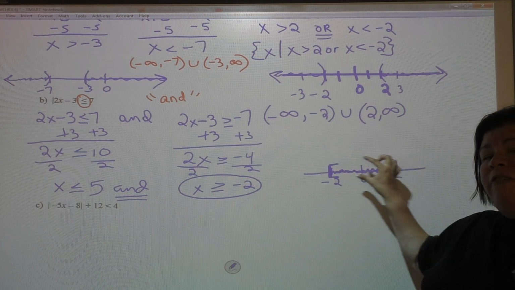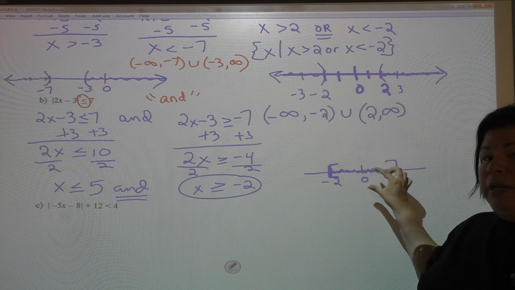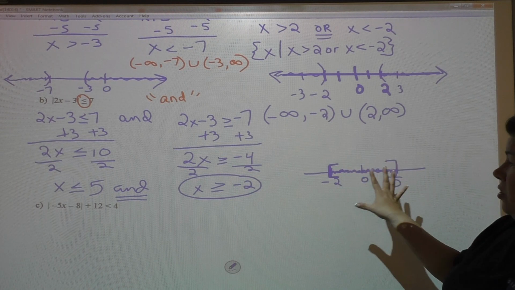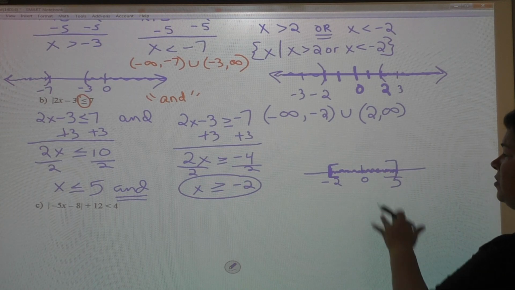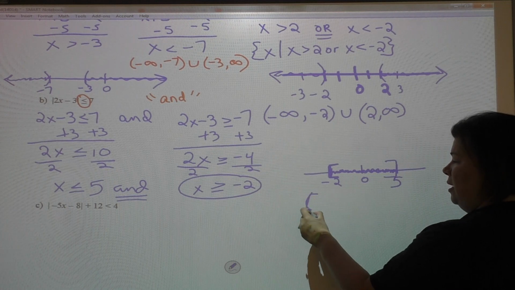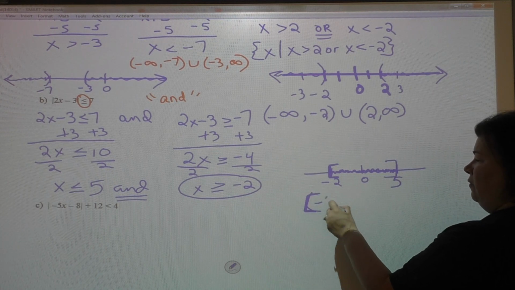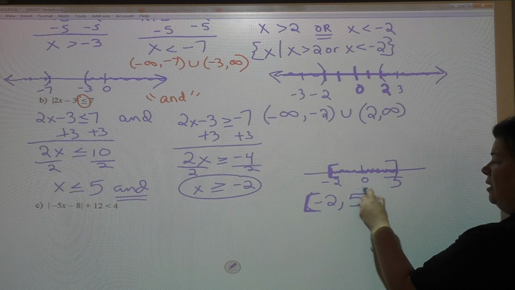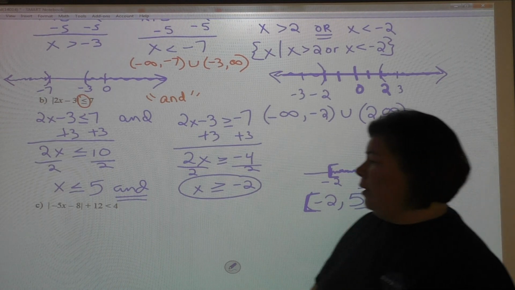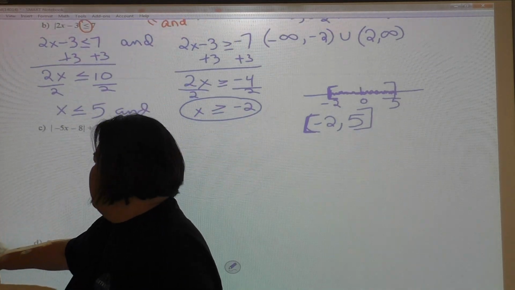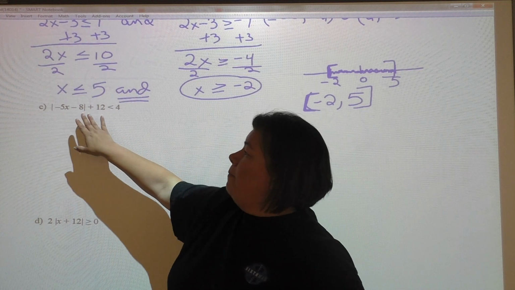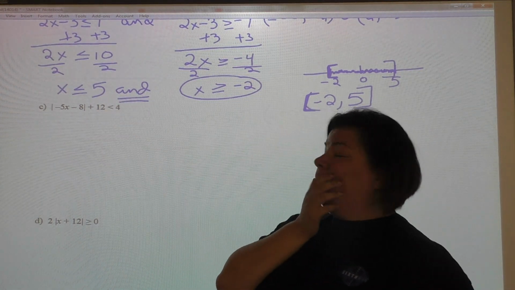So that's every value for x in between negative 2 and 5. So this is your "and" graph here. It's just a solution set, and how we would write that in interval notation is a closed interval at negative 2 all the way up through and including 5. And that's it.